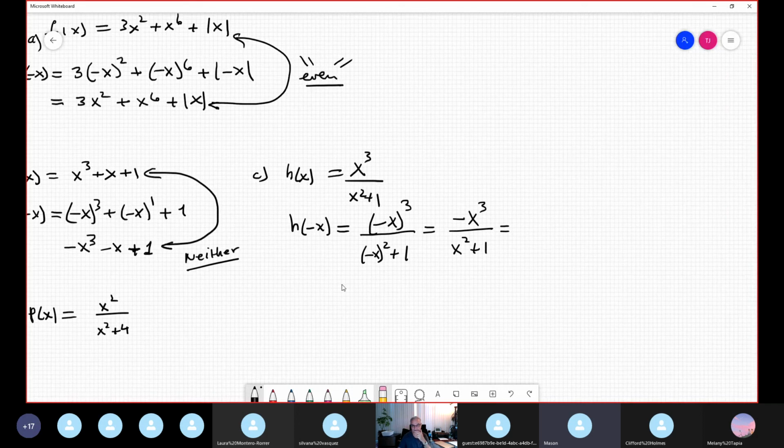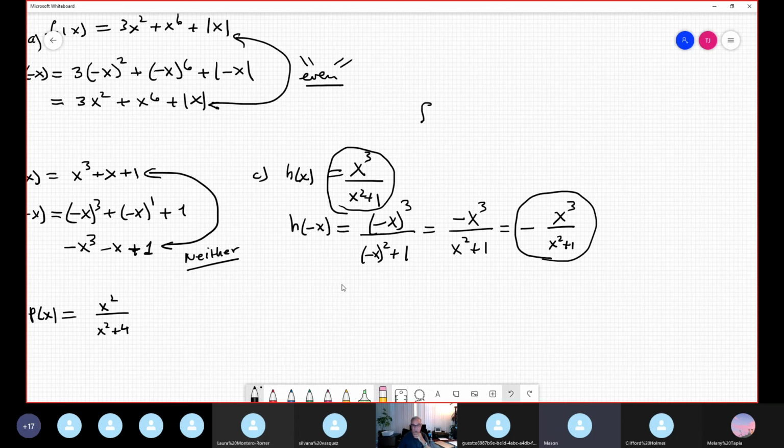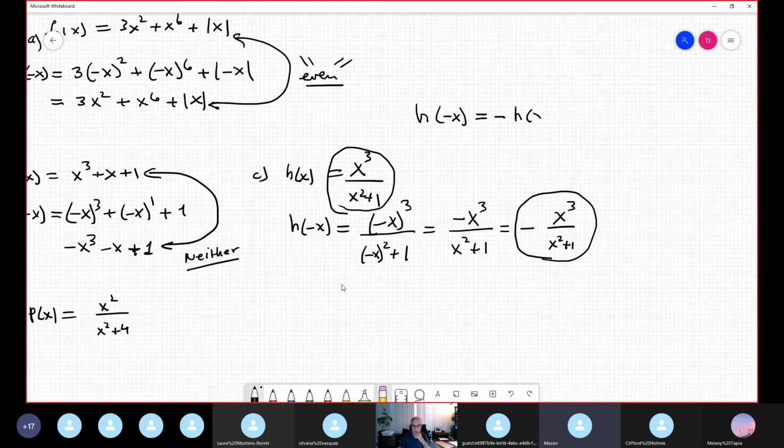But in order to compare this expression and this expression, you consider it like a fraction and you put a minus outside. And we compare this and this. The definition for the odd function: when you replace x for negative x, you give me negative h of x. So this is the original. Look at that. And this negative extra outside, this is an obvious odd function.